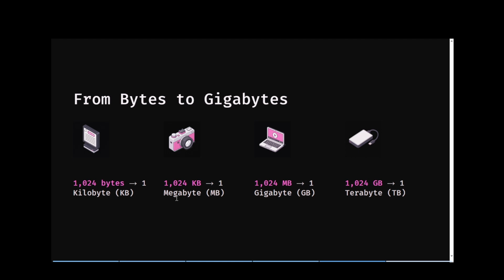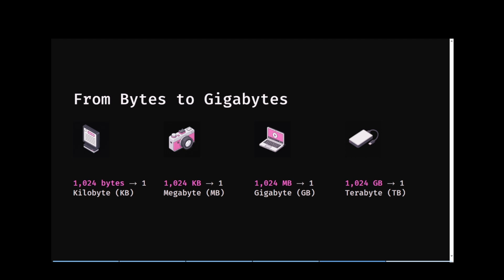Then a photo might be a few MB, where 1024 KB is 1 MB. A high quality video like the one you are seeing currently can take GBs. It will be 1024 MB, which is equal to 1 GB.